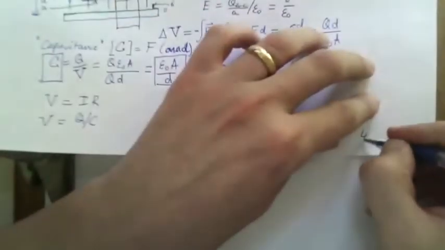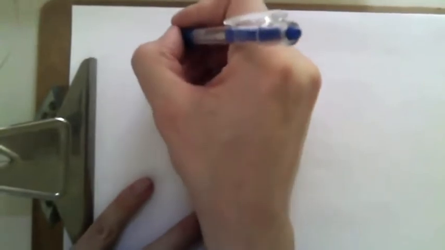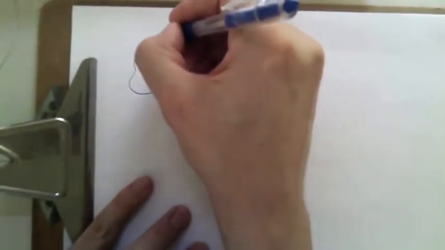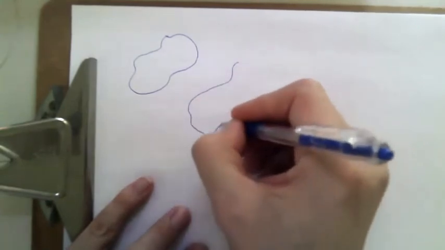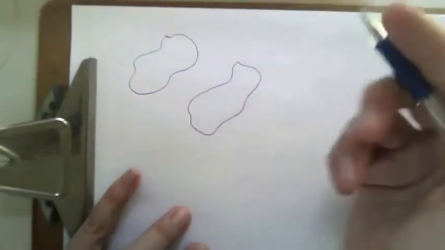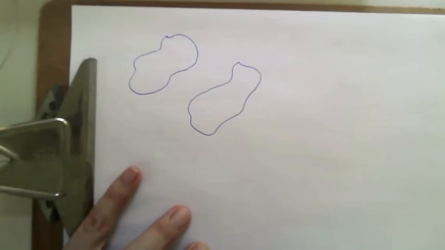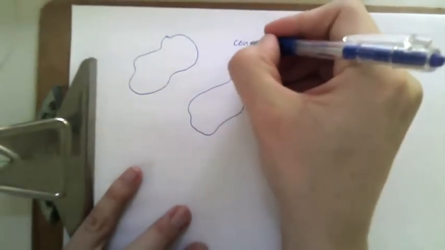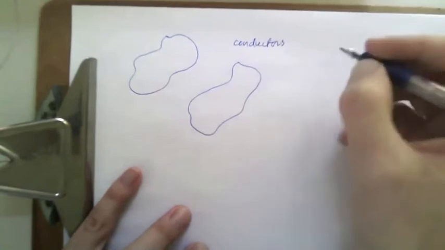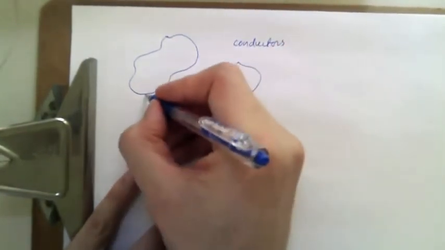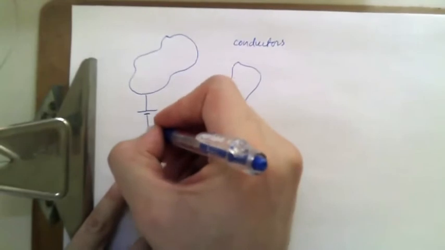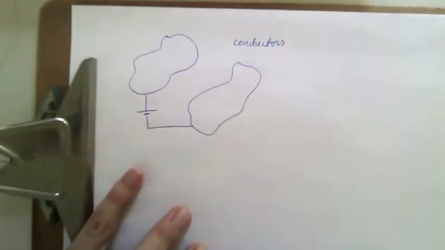So now let's make some generalizations. This is a parallel plate capacitor, but we can make a capacitor out of anything, really. So we can make some kind of a blob and another kind of blob, and let's make them both out of conductors, and let's charge one by pulling charge from one to the other.